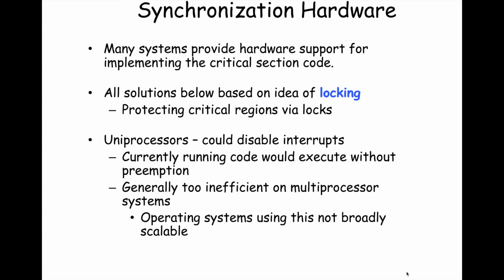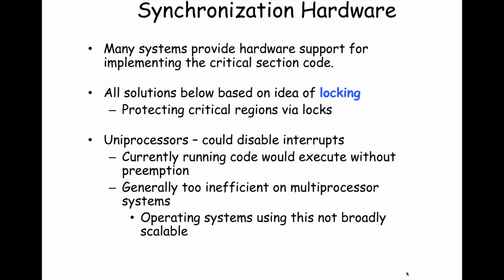And this is very inefficient, in particular on the multiprocessor, because on a multiprocessor system or even a multi-core system, you have multiple threads if it supports hardware threading, and certainly multiple processes that execute physically in parallel. And so if you're going to disable interrupts, you have to disable interrupts for every processor because you can't just disable it for one processor.